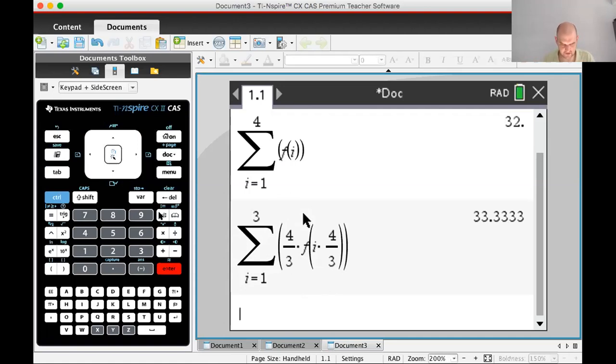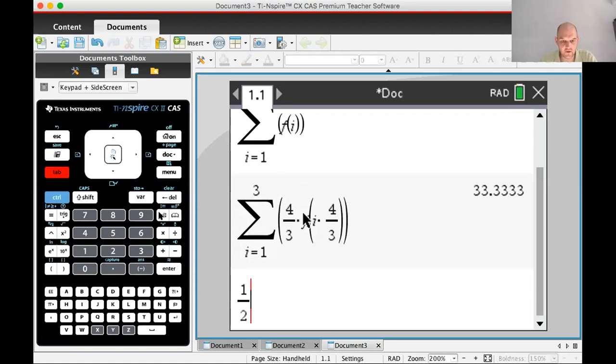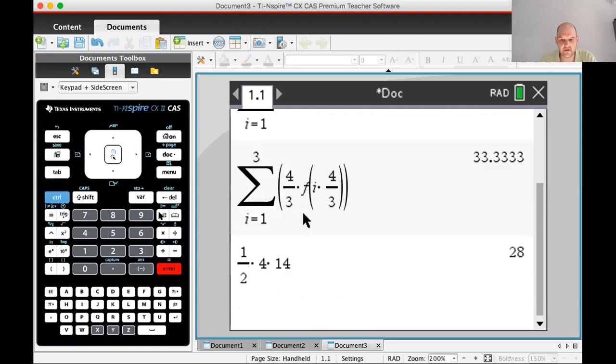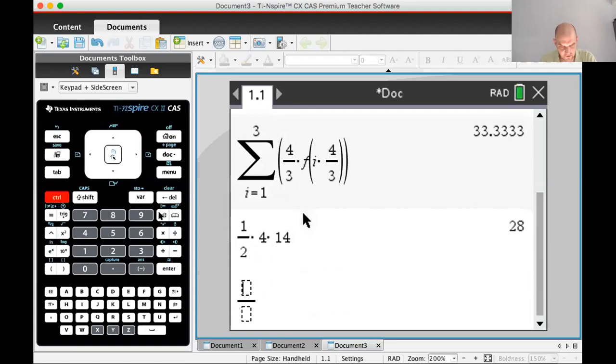All right, trapezoids. So for the trapezoid, I should just be able to do 1/2, and then the full trapezoid, 4, and then 11 plus 3 is 14. So I think I'm going to get 28 no matter what I type in for this.